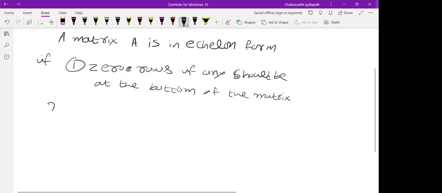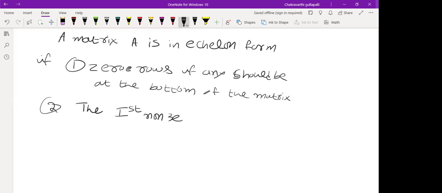Second condition is about the first non-zero element. We define a word called pivot. So often we'll be using this. The first non-zero element of any row is called the pivot of that row.